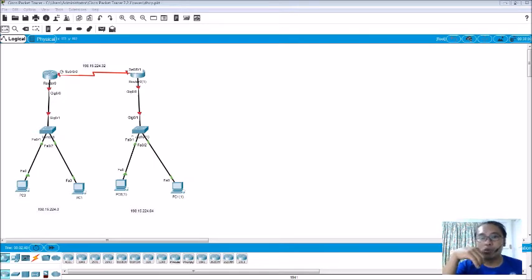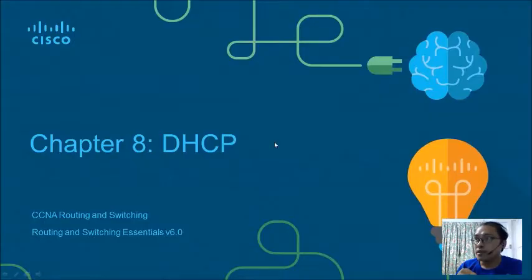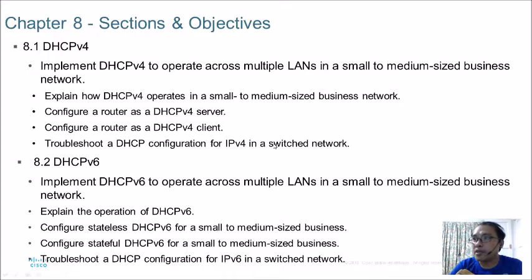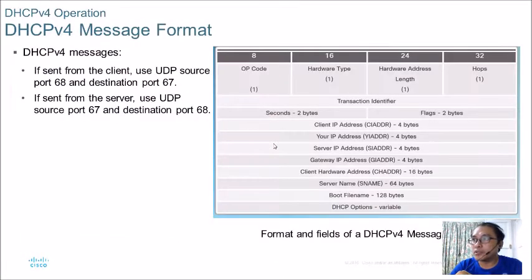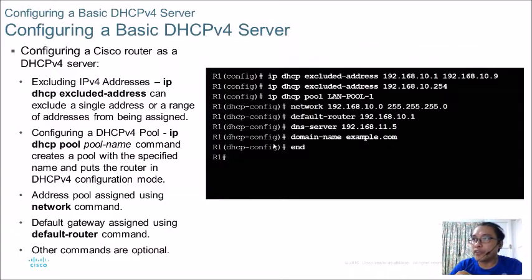As we all know, on the slides that I gave you in the DHCP, there's a part on the way we are going to configure it one by one. So all we have to do is to understand this and apply it in our Packet Tracer, right? Basically this is how we do it in Packet Tracer.